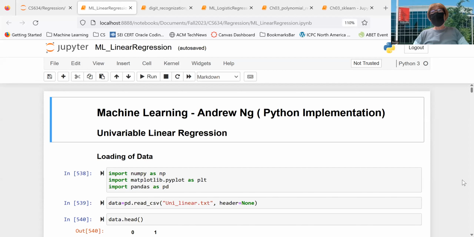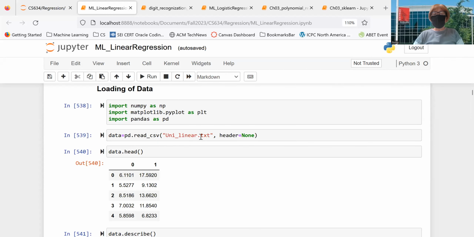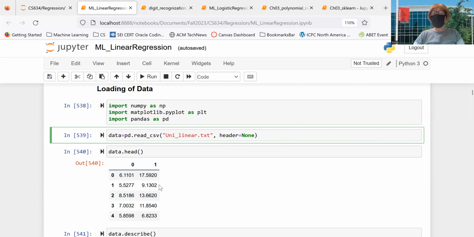Okay, and next, let's take a look at the examples. First, let's take a look at linear regression. We have some data, this is what the data looks like.